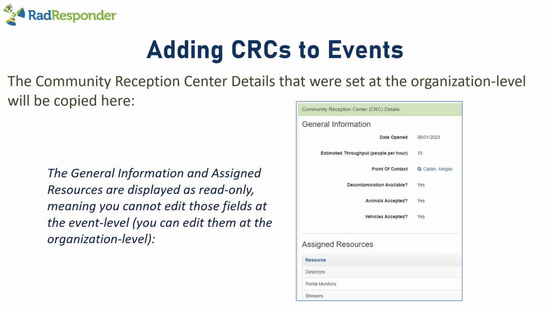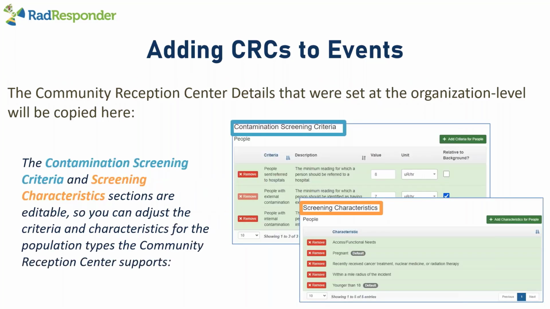You'll be presented with the details of the CRC that you created at the organization level. So the general information and assigned resources are going to be a read-only view, so you cannot edit them at the event level, but if you want to edit them, you can do so from the organization side. And then you'll be presented with the contamination screening criteria and screening characteristics.